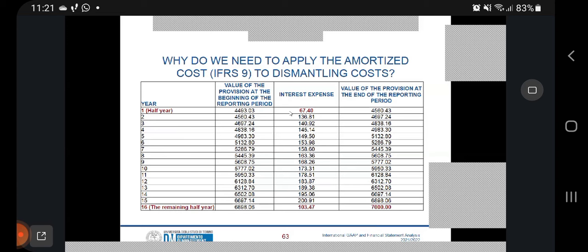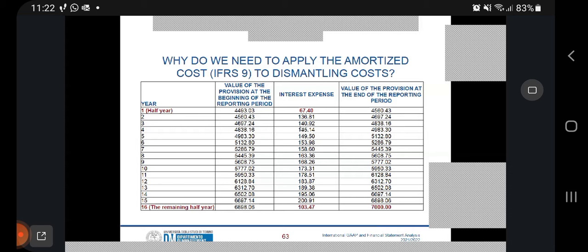The value of the provision at the beginning of the reporting period plus the interest expense, you get the value of the provision at the end of the reporting period. Obviously, the value of the provision at the end of year 1 is equal to the value of the provision at the beginning of year 2. 4,560, and then again, if you apply the 3% to the value of the provision at the beginning of the reporting period, you get the interest expense.